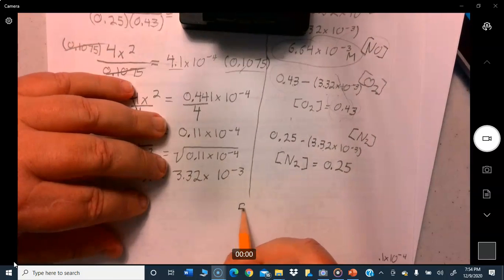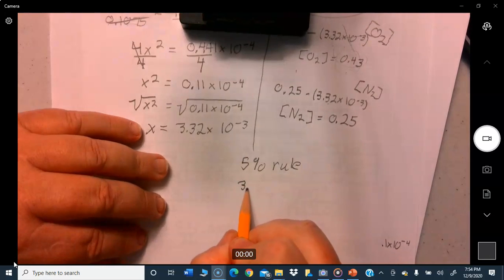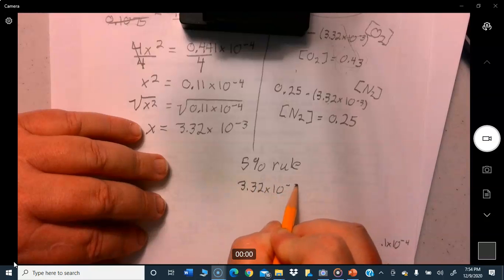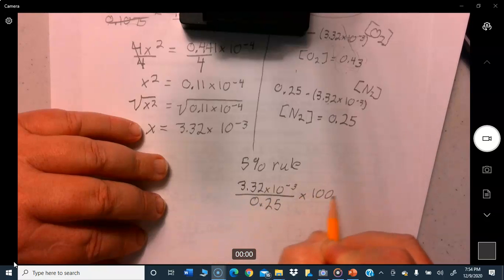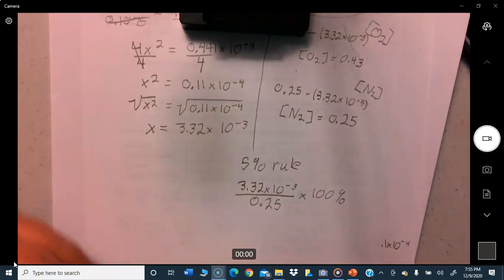So I'm just going to write 5% rule, and that's going to be 3.32. Okay, so just do this and then move the decimal over 2 places.